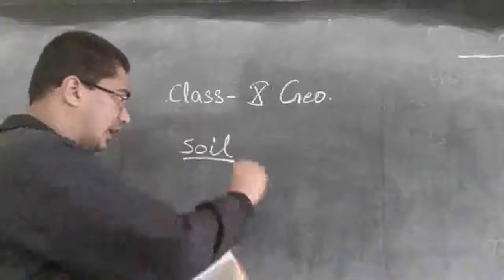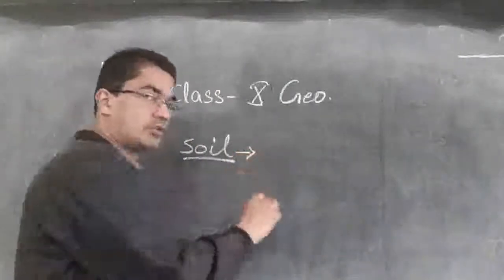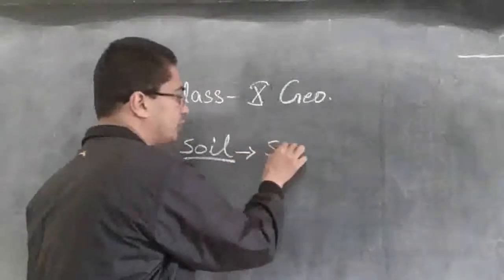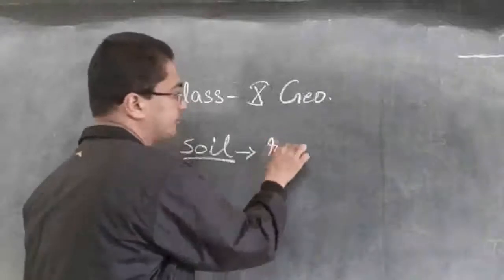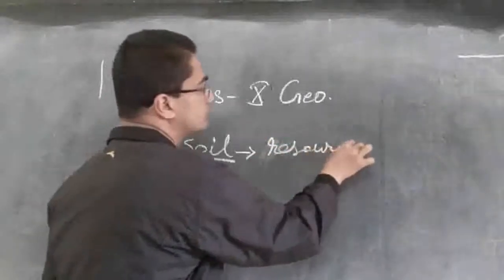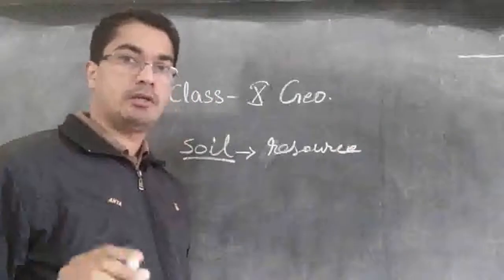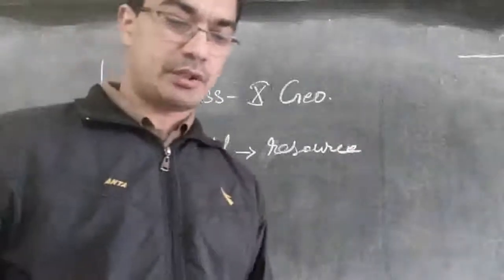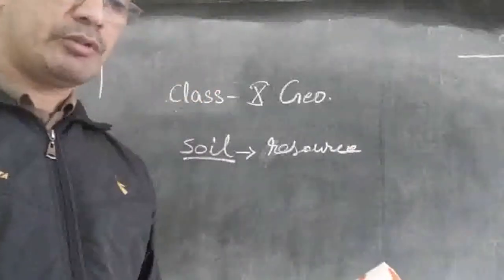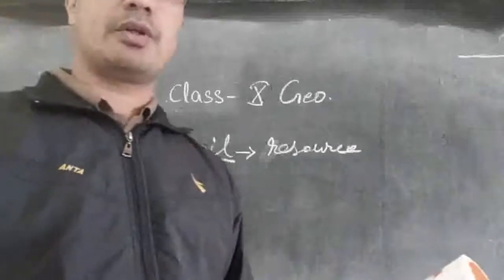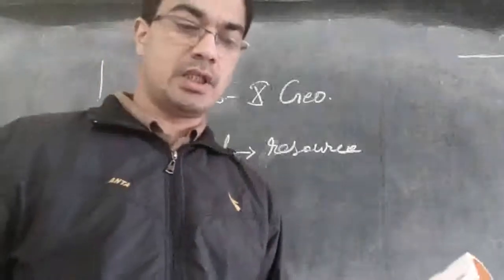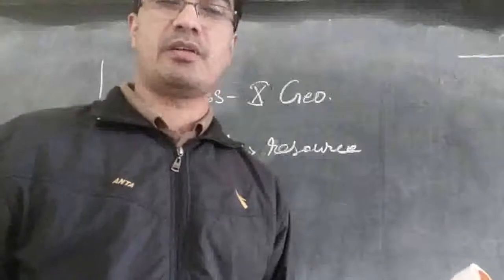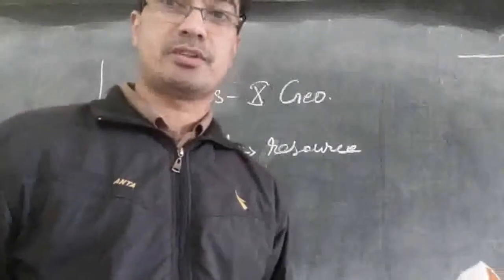So we know as the land consists of soil, soil is a very important resource. Let's see. Soil is the most important renewable natural resource. You can underline, which is the most important renewable and natural resource, soil.